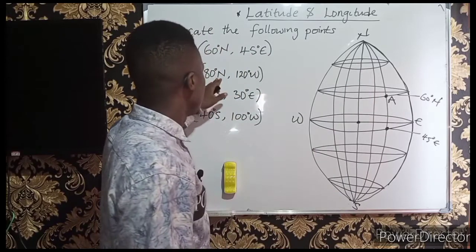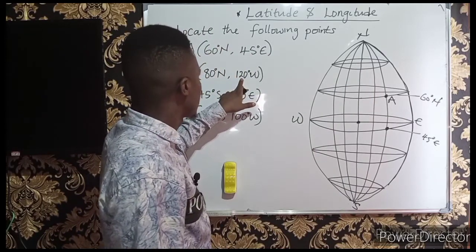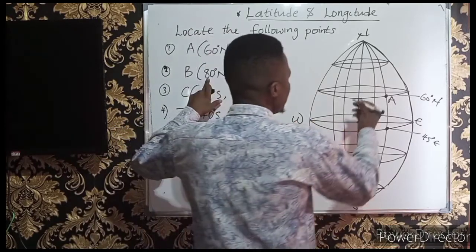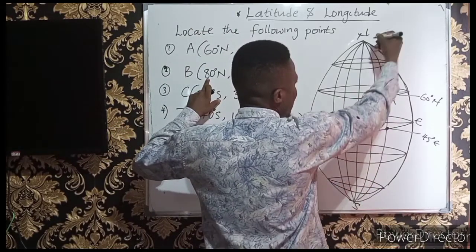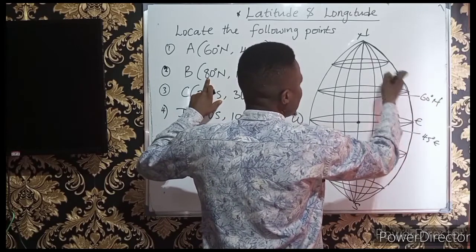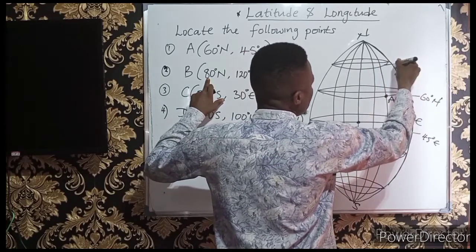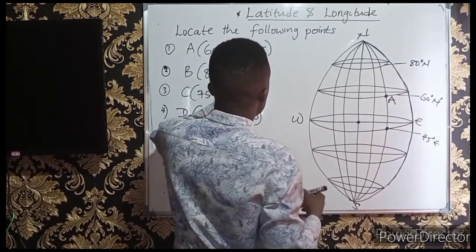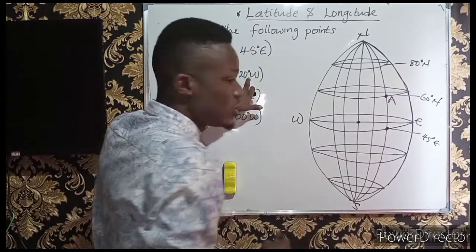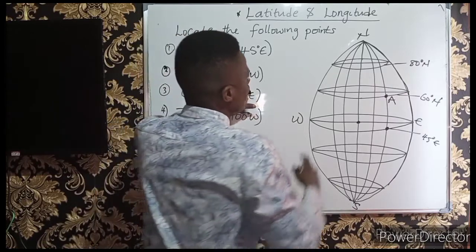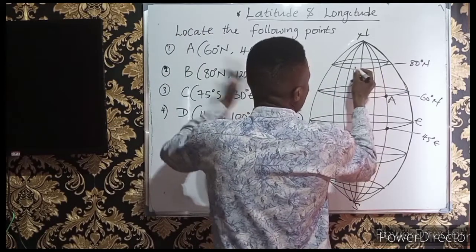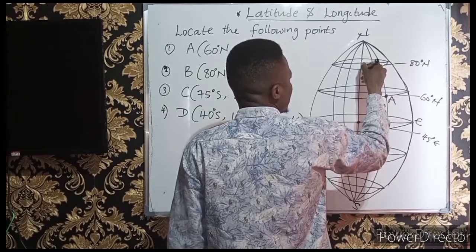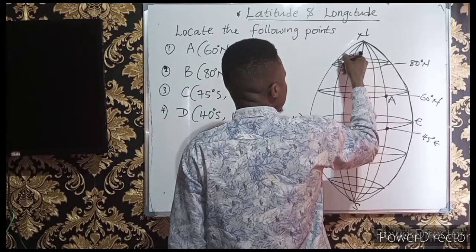Then we have point B, which is 120 degrees west and 80 degrees north. Now 80 north, 80 is higher than 60. So if here is 60, let me consider here to be 80 degrees north, while the longitude is 120 degrees west. So 120 degrees west is somewhere here. Let's say this is the center 0. You can have 10, 20, 30, 120.